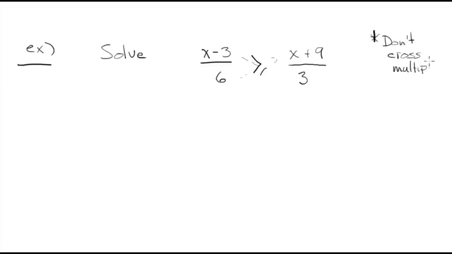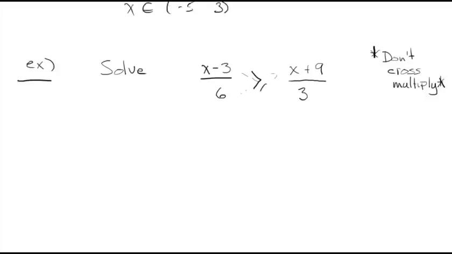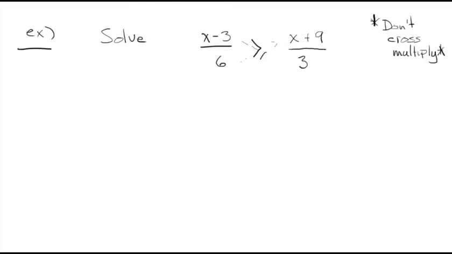Cross multiplication is really just a shortcut, and the problem with inequalities is that by doing that shortcut you lose cases. So this is one reason why a lot of teachers make a big deal about don't cross multiply.